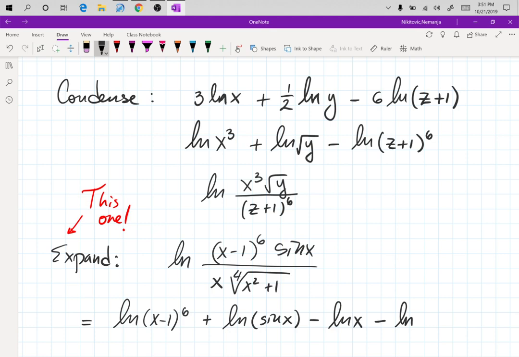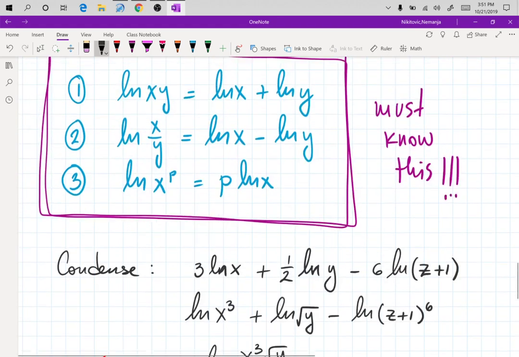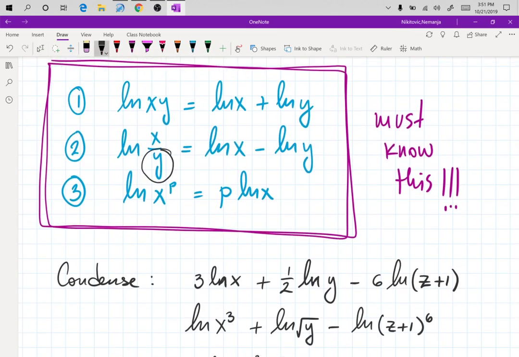It's in denominator. Okay, so if you look at the formula, if something is in denominator, it gets a minus. It's as simple as that.